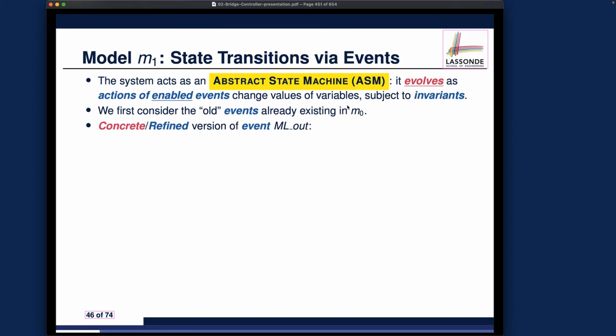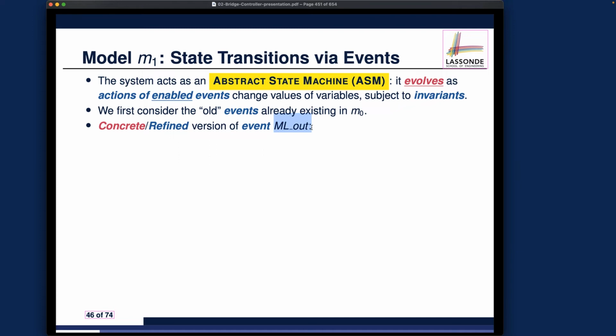So we actually got different versions, for example, of ML out and also ML in. You can think about the version of ML out in the initial model. We call that the abstract version. And for the redefined or overridden one, remember in Java, in your Java programming, there's some kind of approximation, some analogy if you want to think about. Whenever you define a subclass, in Java, you may choose to overwrite or redefine certain methods that you inherit from your parent class.